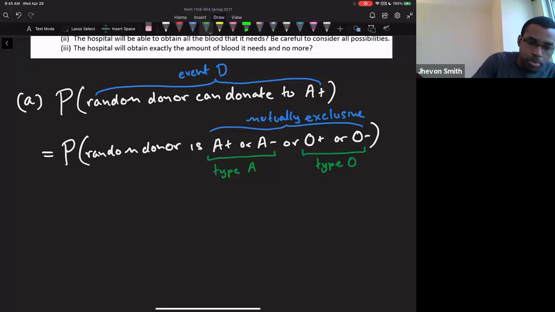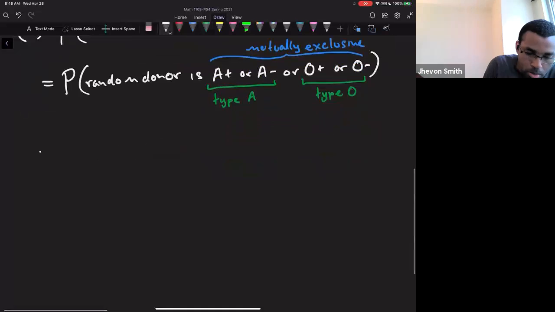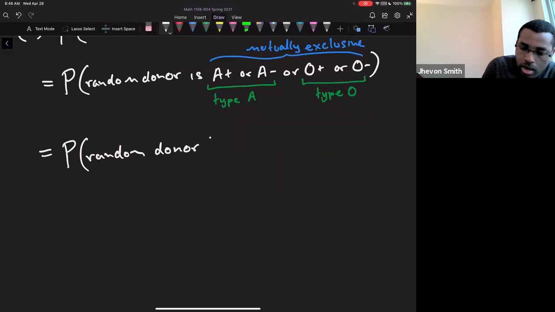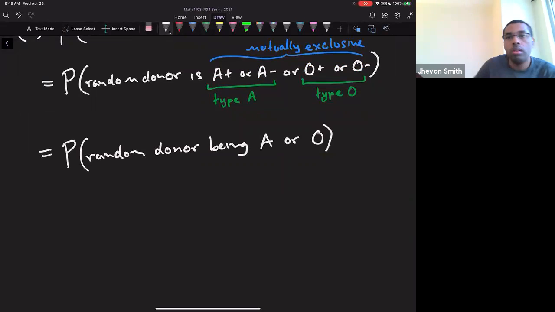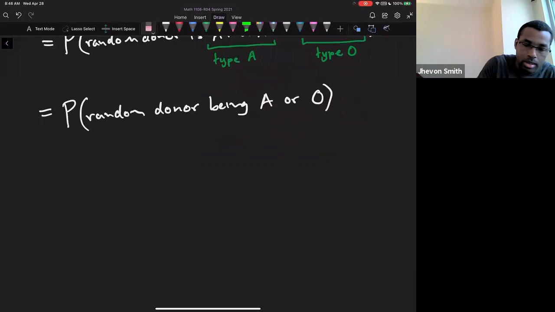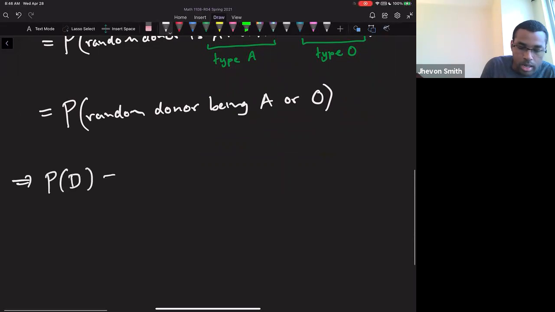Okay, so this is pretty much the probability of a random donor being A or O, and these are mutually exclusive. So the probability of D is just the probability that someone is of blood type A plus the probability that someone is of blood type O.